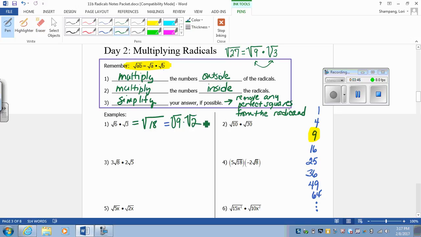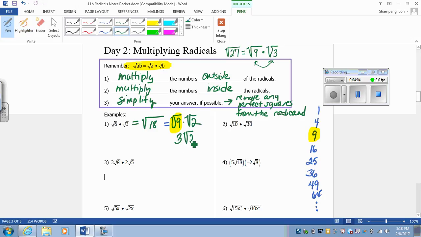Okay, so now all I've done is just use the product rule. Now from here I can simplify, and what I like about this is I have a perfect square. I have the square root of 9, so I can simplify it. The square root of 9 is 3, but I still have that square root of 2.